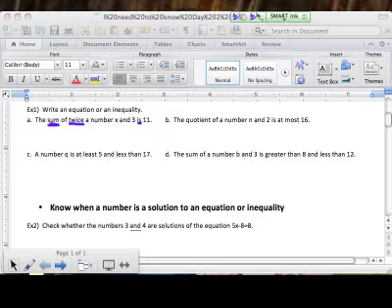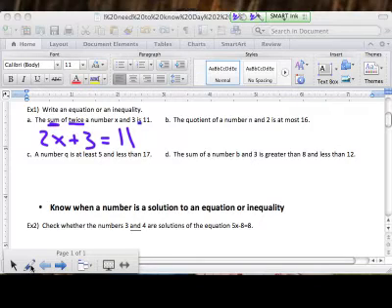Those are the words that stick out to me. The sum of twice a number x and 3 means I'm adding twice a number x and 3, so that's 2x plus 3 is 11. So again, when you see is, that means equal sign.